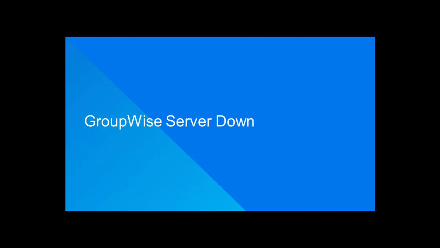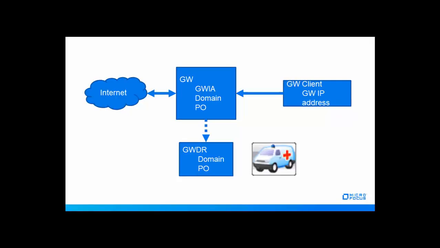I will guide you through some common scenarios and discuss some of the options for mitigating the hazards. One of the more common scenarios we see is a GroupWise system with everything, like the domain, post office, and GWIA, on just one server, with the GroupWise client set to use the IP address of the server to connect. GroupWise Disaster Recovery can help in this situation if all the disaster is the POA or MTA being down.